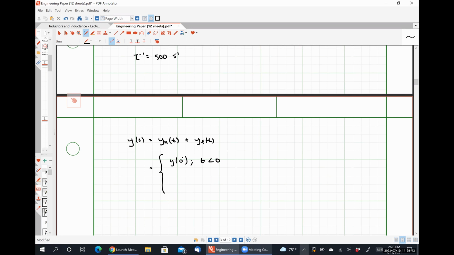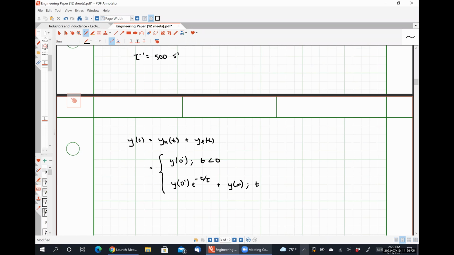And right now, I'm going to say that it's y at 0 plus e to the minus t over tau plus y at infinity. So that's how we're adding our forced response in to get our total response.